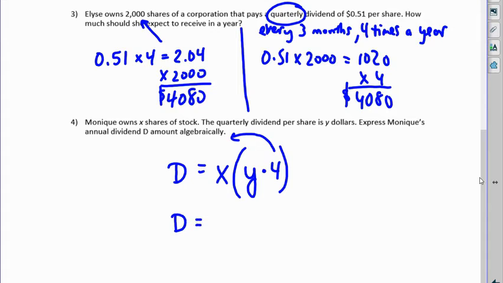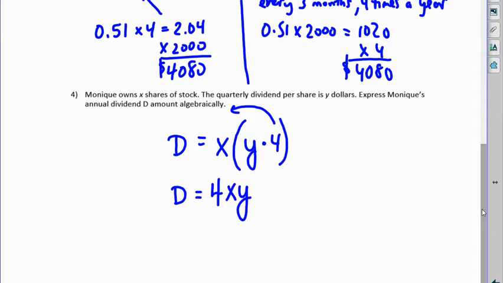So the final version that I'm going to write is with the 4 in the front, and we tend to write the letters in alphabetical order, the variables in alphabetical order. So that probably would be the version I would have for my final answer. D equals 4xy, and not having the multiplication symbol, leaving that out. That's multiplication when variables are written next to each other.